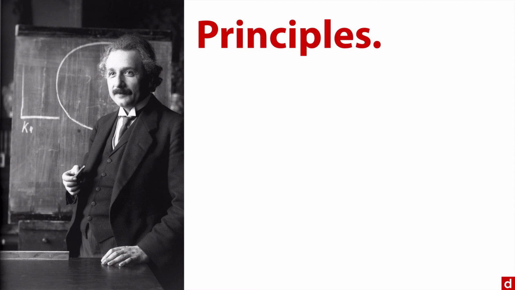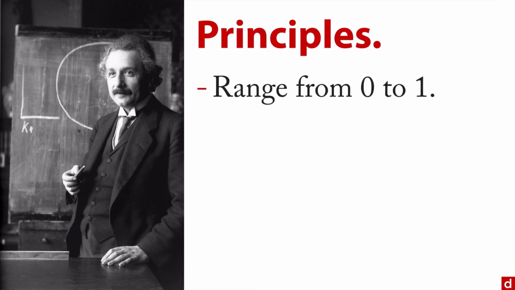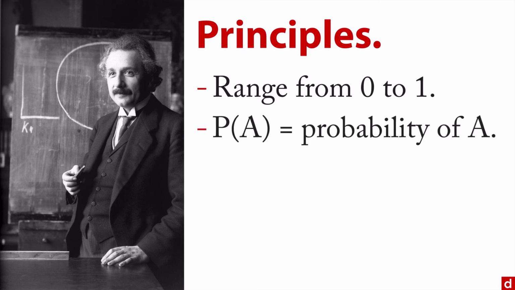The principles of probability work this way. Probabilities range from 0 to 1. That's like 0% to 100% chance. When you put P, that stands for probability, and then in parentheses, here A, that means the probability of whatever is in parentheses.